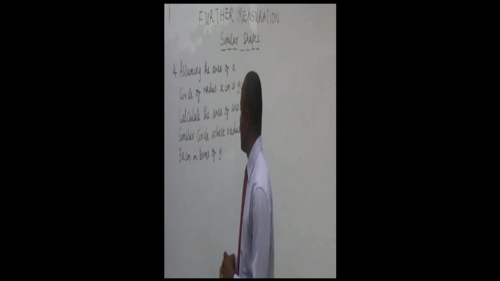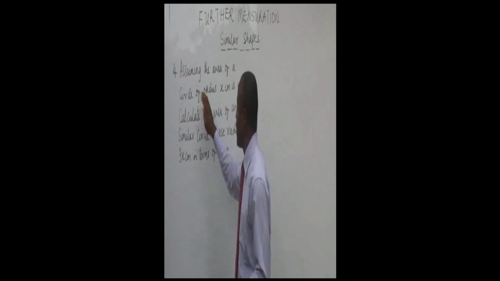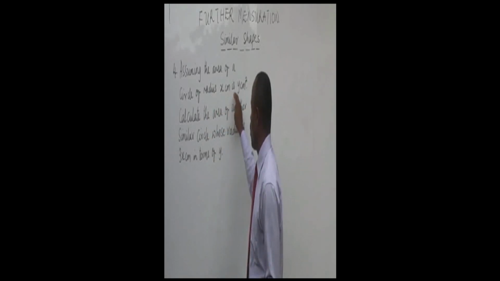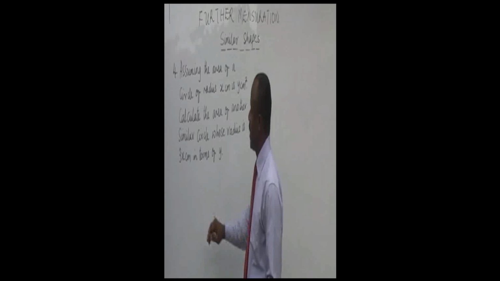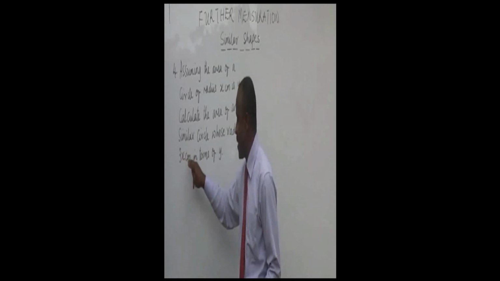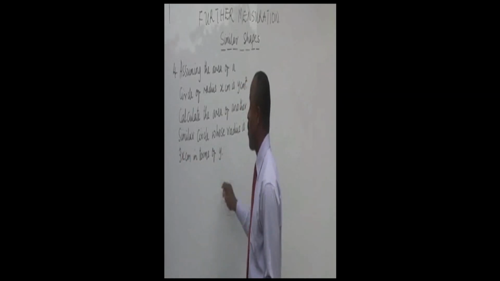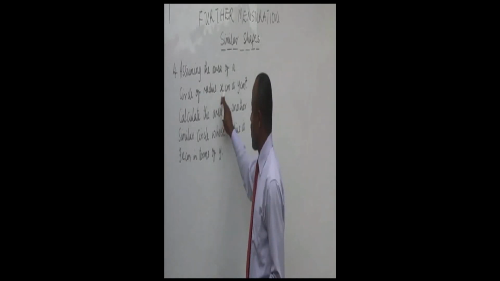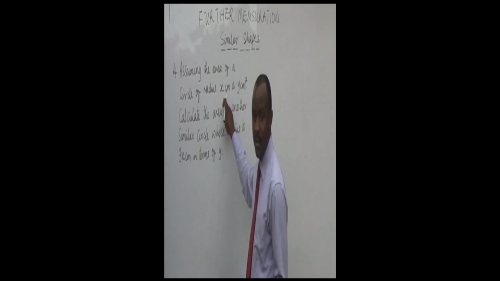Question number 4 says, assuming the area of a circle of radius x cm is y cm squared, calculate the area of another similar circle whose radius is 3x cm in terms of y. The radius of the first circle is x.